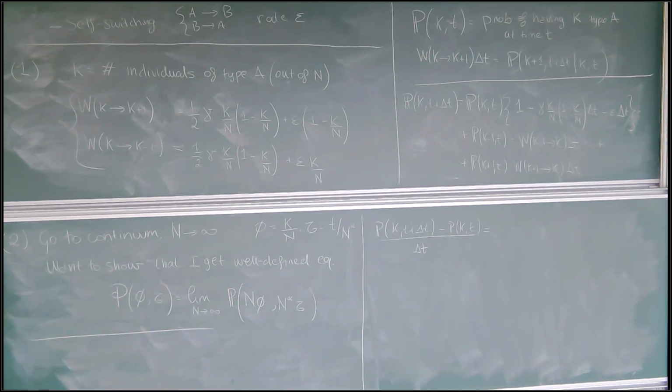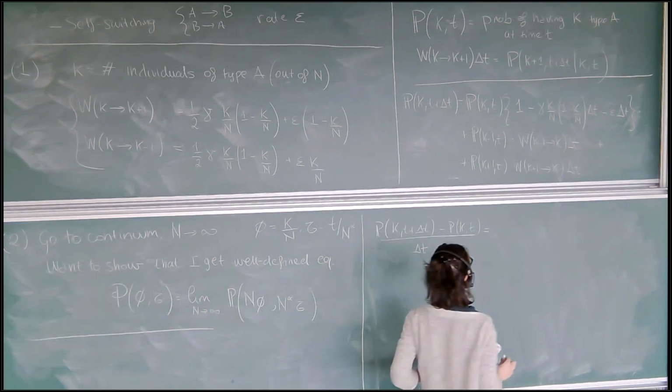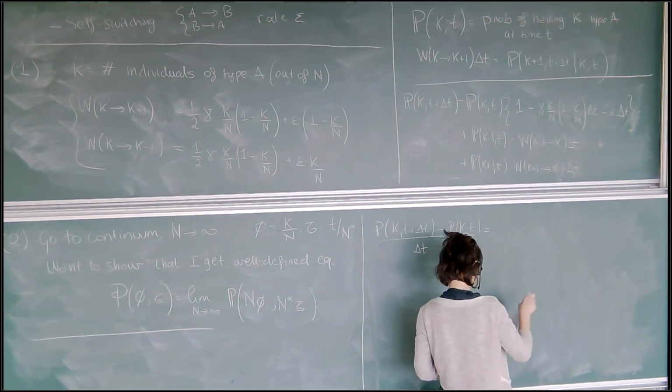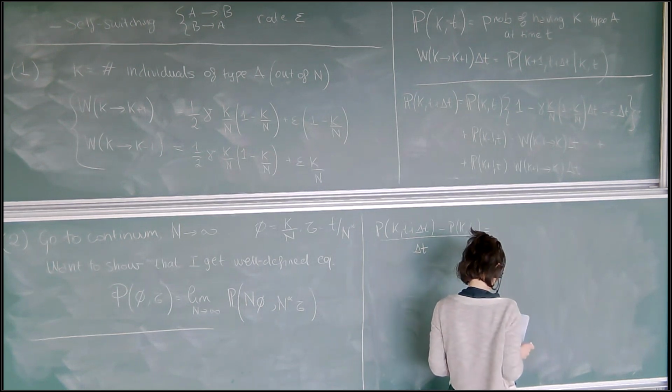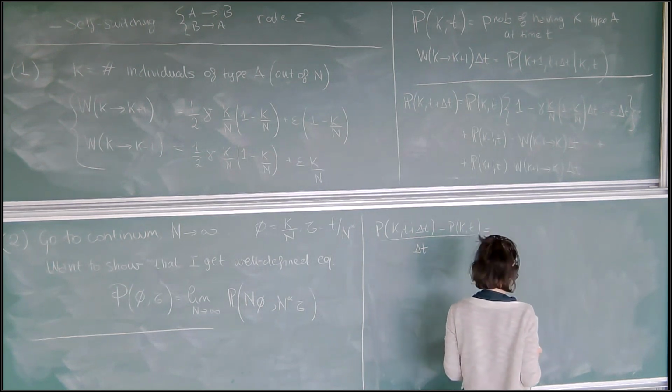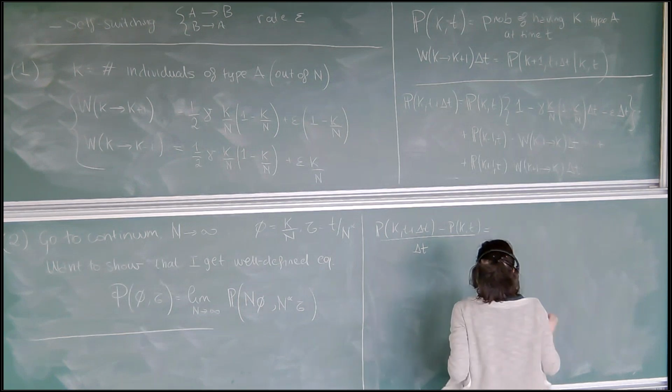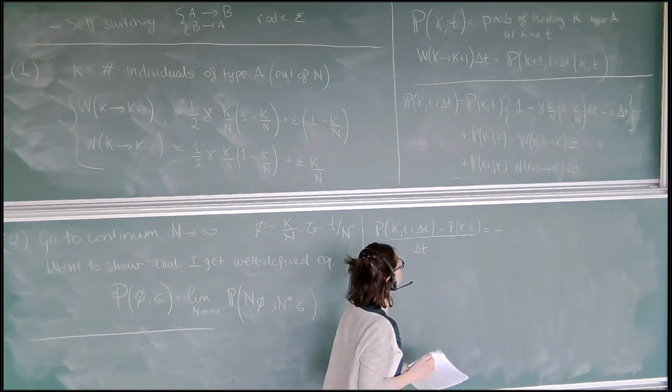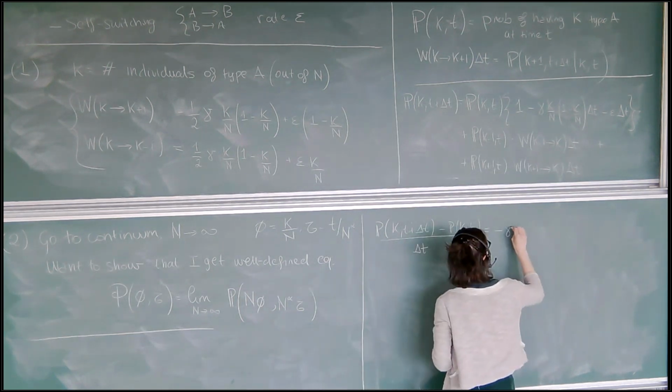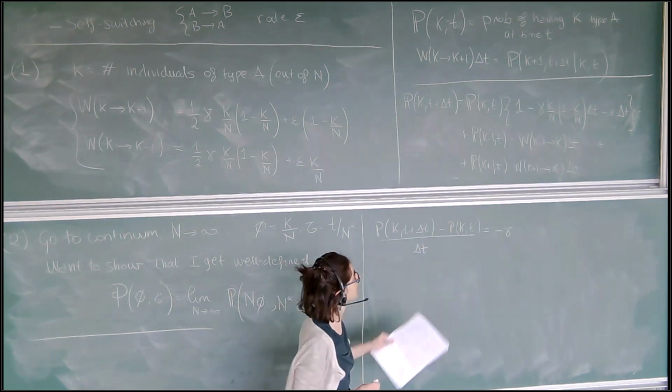Since eventually I want to introduce this variable phi, let me rewrite what I have on the right in terms of phi. So let me try not to make mistakes. The first term which I get is minus gamma, then I have the fraction, which is precisely phi.